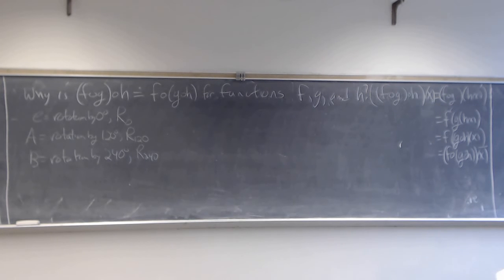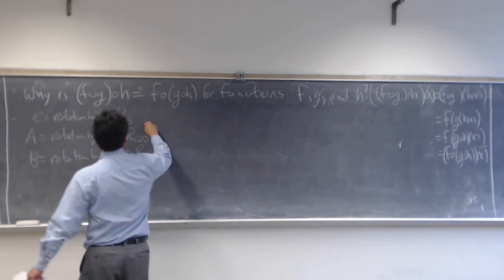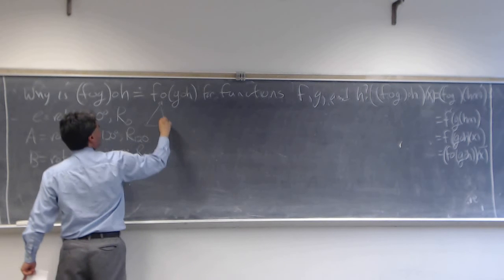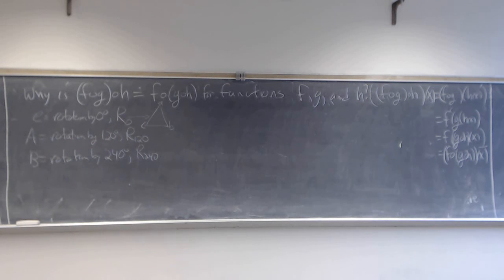And what I'll also do is describe these by how they end up with the triangle. So here your triangle would just be the same, A, B, and C. So in a way you could think of E as just ending with this.